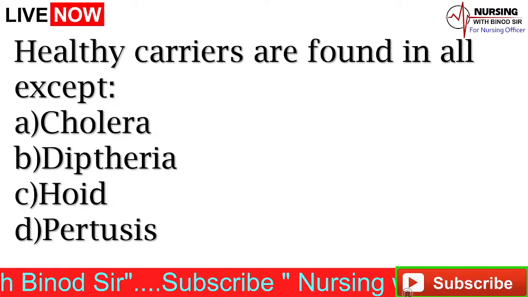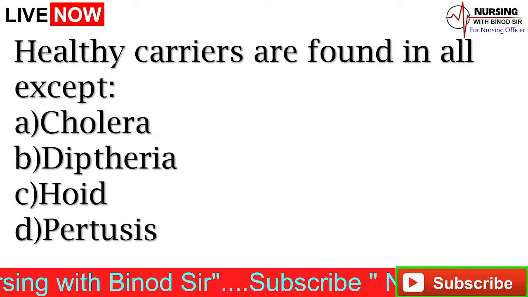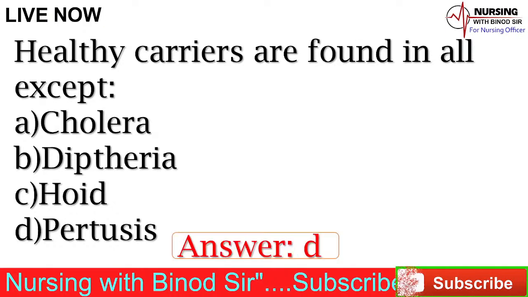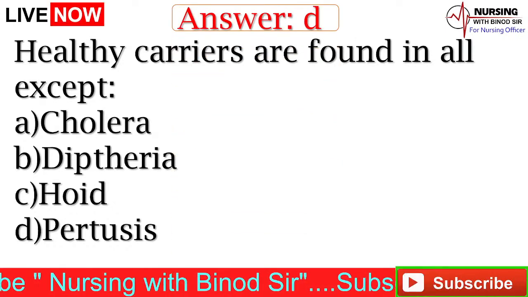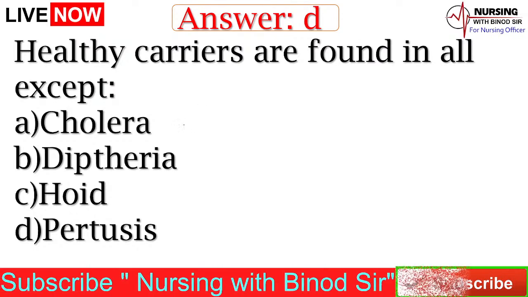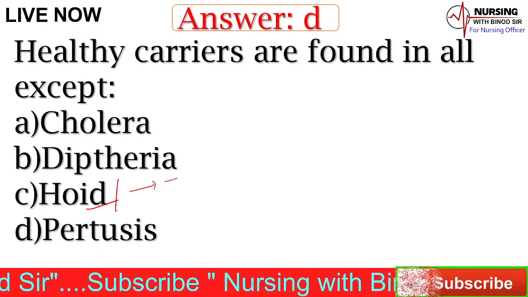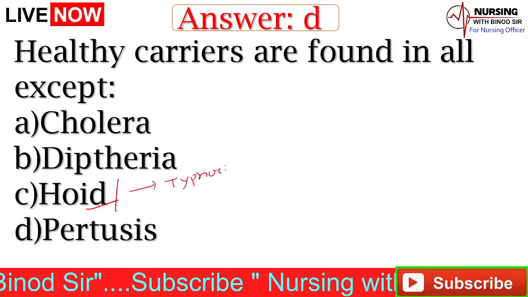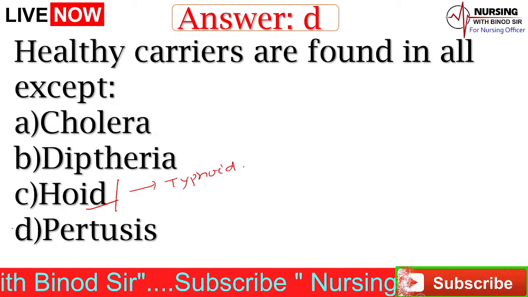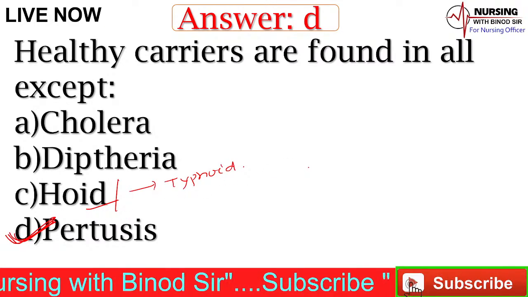You all have to remember here. Healthy carriers are found in all except pertussis. Typhoid has healthy carriers, you can go through that. So here the answer will be pertussis. You must remember this.